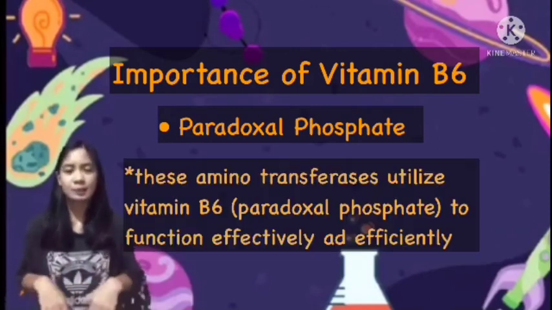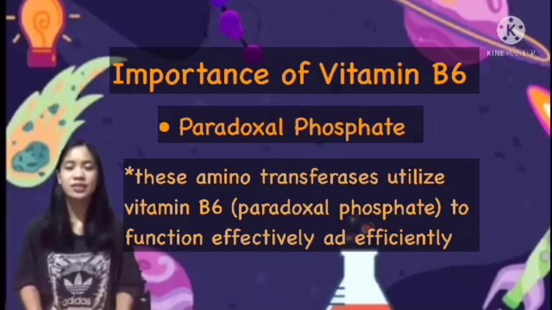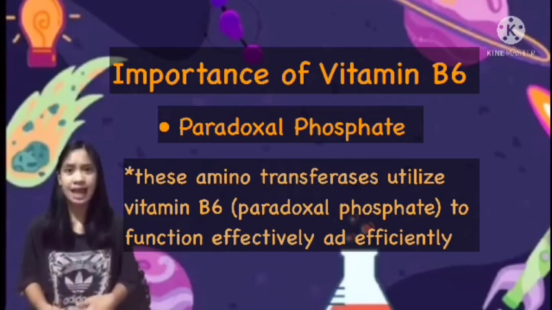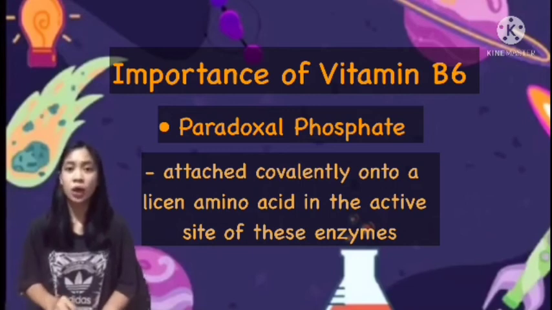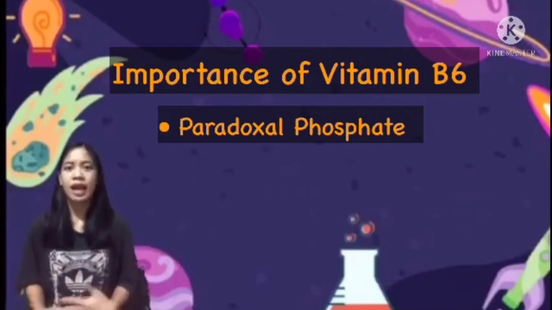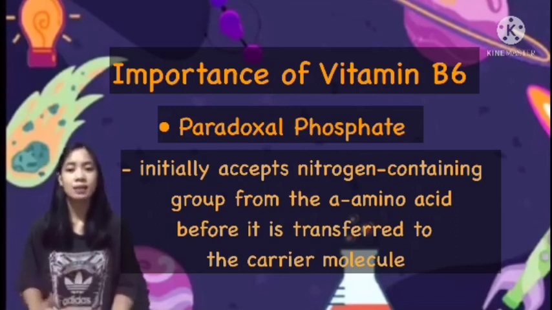So these aminotransferases utilize vitamin B6, the pyridoxal phosphate, to function effectively and efficiently. The pyridoxal phosphate is found attached covalently onto the lysine amino acid in the active site of these enzymes. And what this pyridoxal phosphate does is it initially accepts the nitrogen-containing group from the alpha amino acid before it is transferred to the carrier molecule.